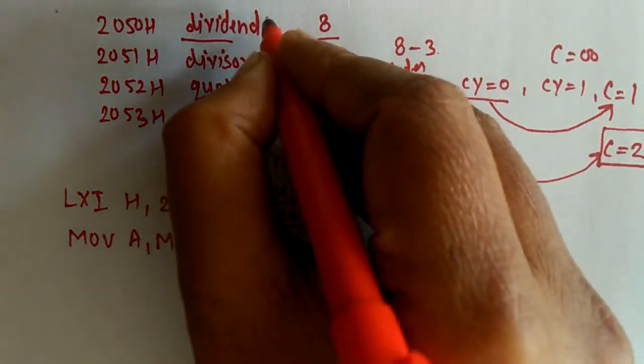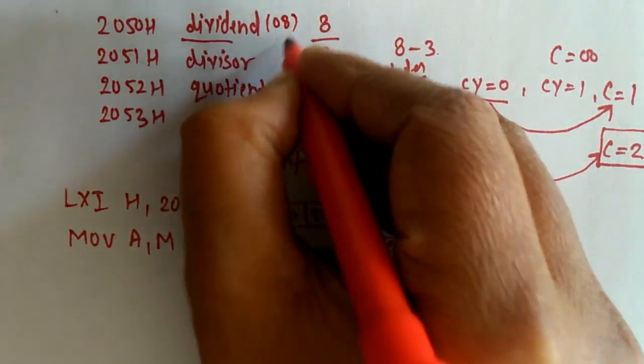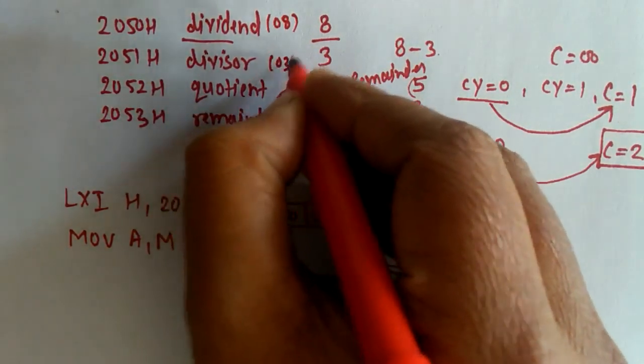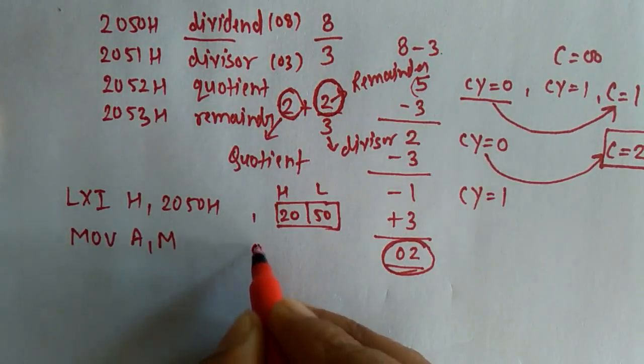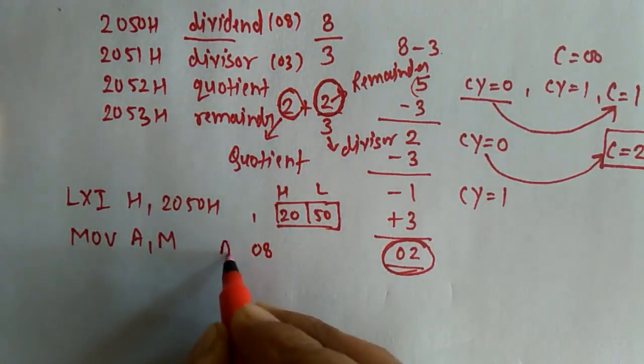So for our example, assume this is 08 and this is 03. So 8 will be copied to the accumulator.